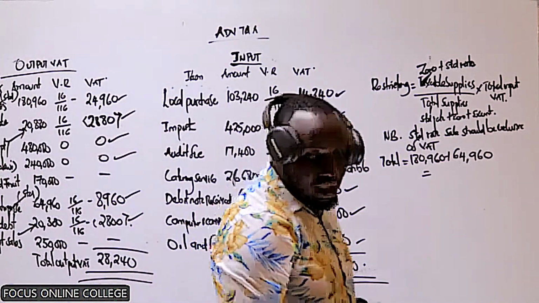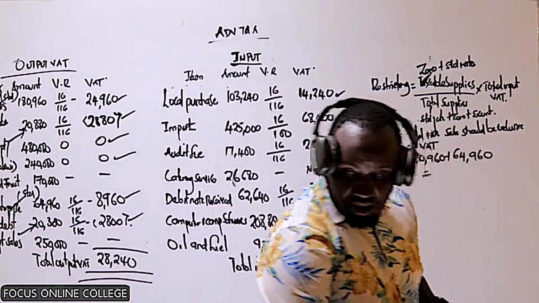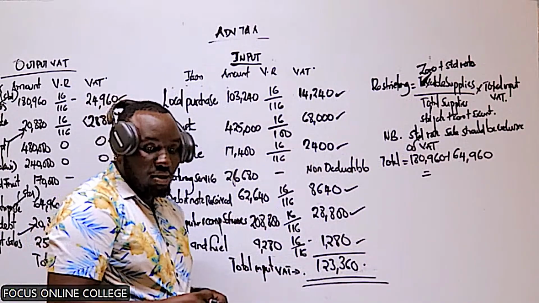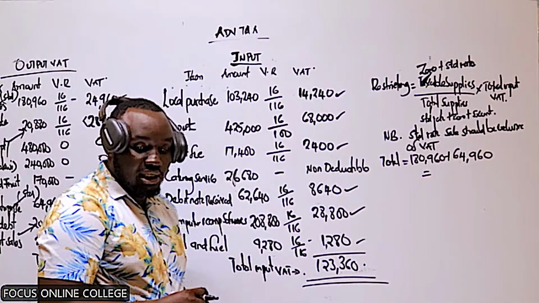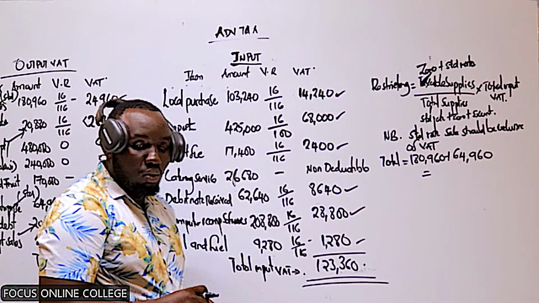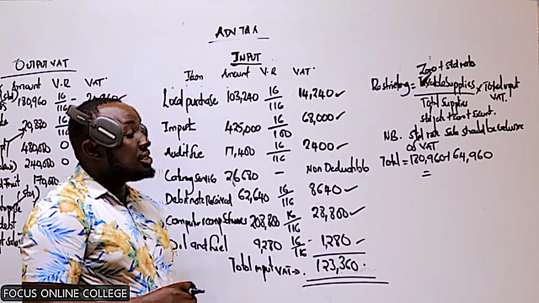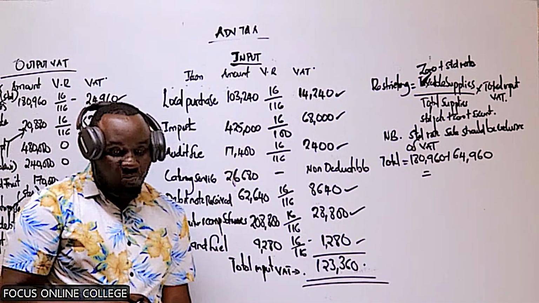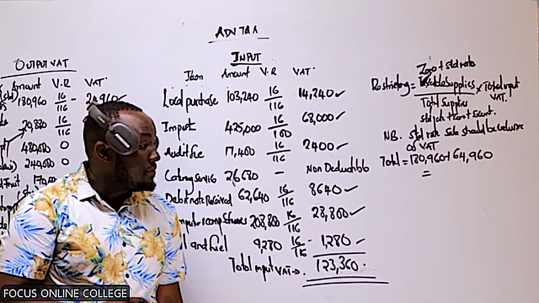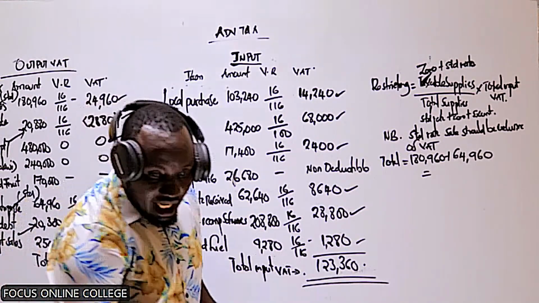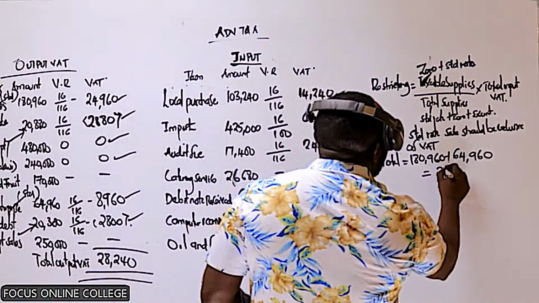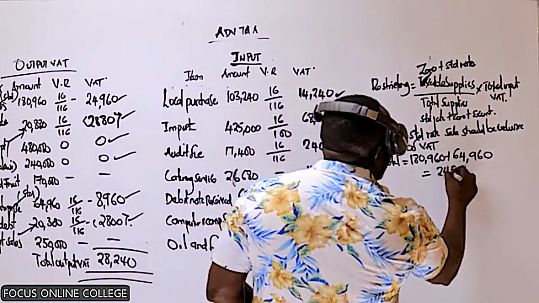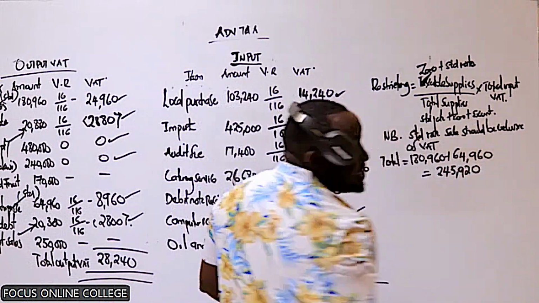When you add those two, what is the total standard rate sales? So that we have it as 245,920. Somebody gets me 245,920.